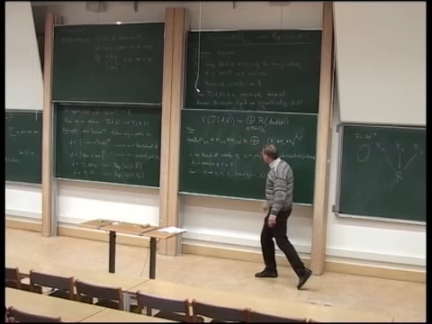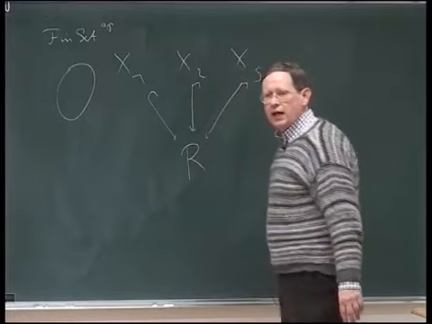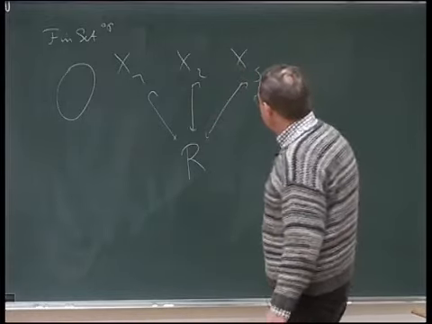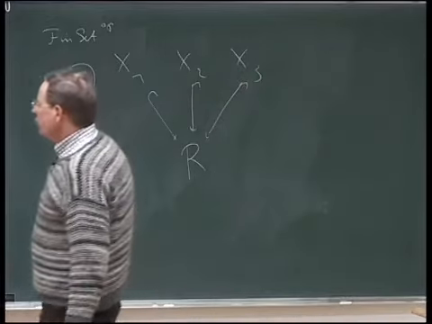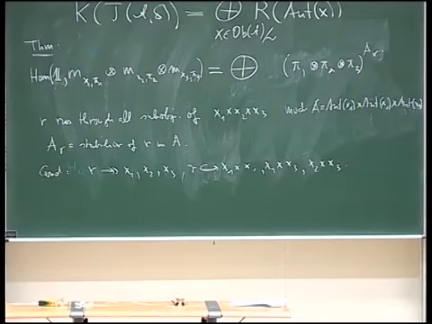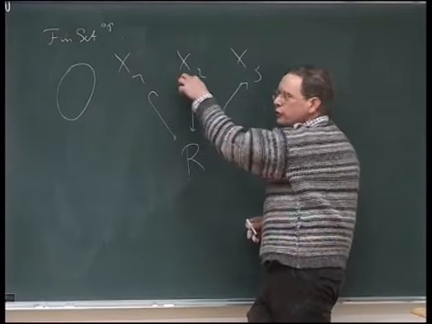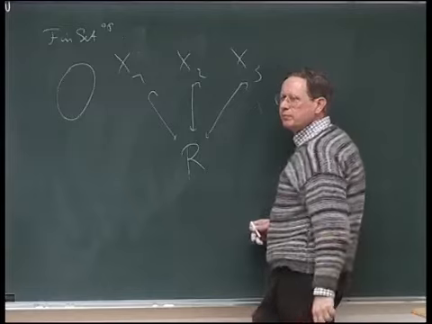Now this means that all these are actually all subsets of R. And this condition here means that every point of R is contained in at least 2 images.